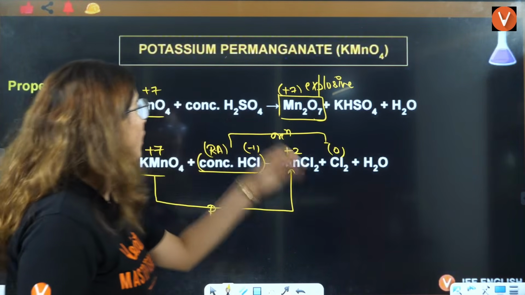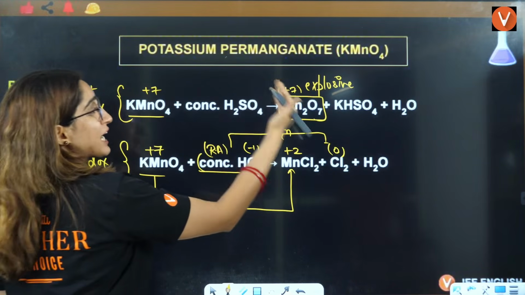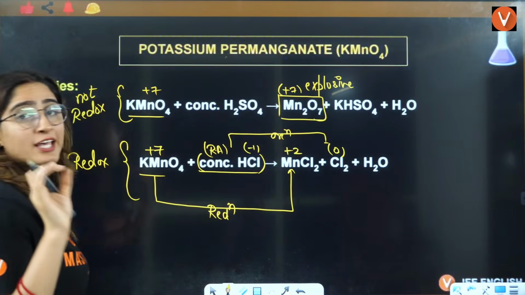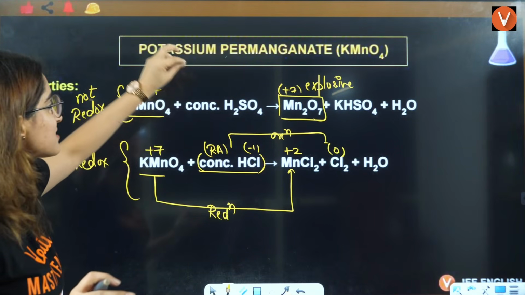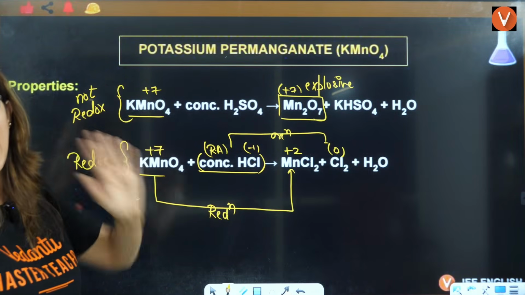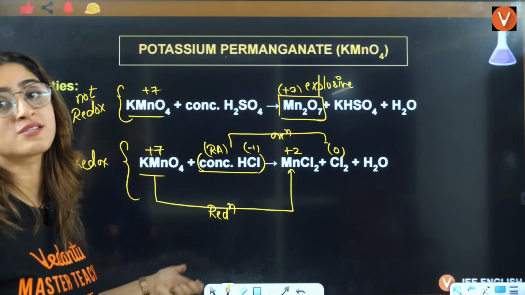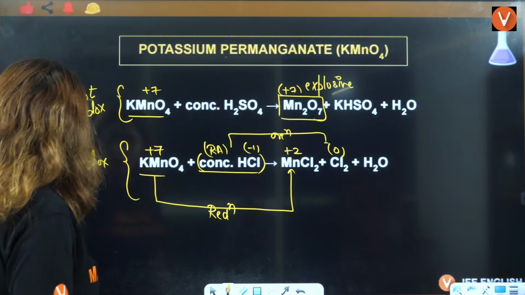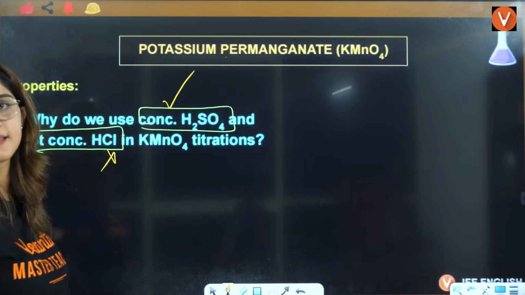But with concentrated H2SO4, it is not going to do the same thing. In fact, if it is converted, it is going to give the explosive Mn2O7. That is the reason concentrated H2SO4 is used, because that reaction is not there. And here you have the redox reaction, and that's why we use concentrated H2SO4, not HCl.